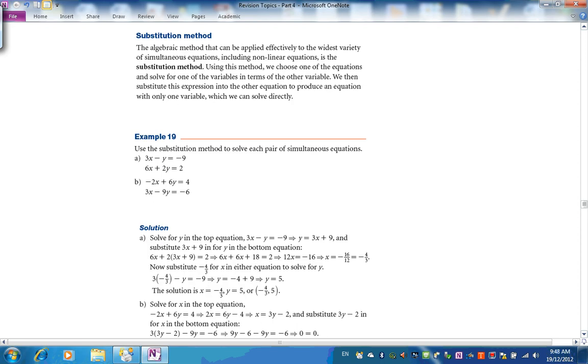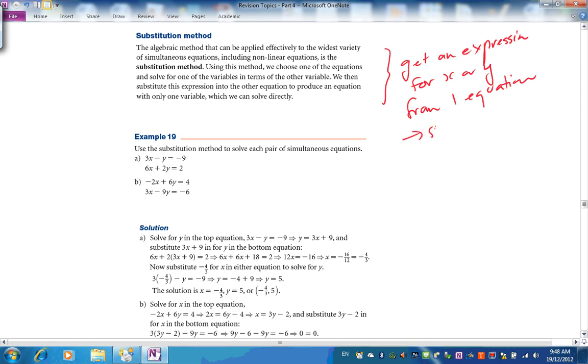Okay, well, let's go down now to the substitution method. The substitution method involves getting an expression for x or y from one equation and substituting it into that spot in the other equation. Can you see that both methods are doing the same thing?